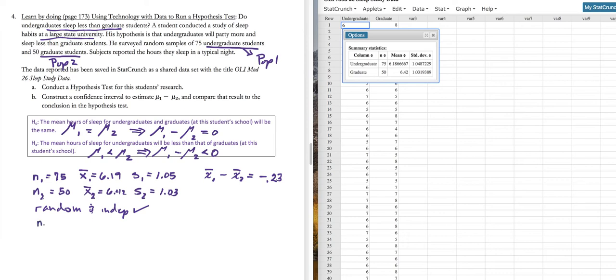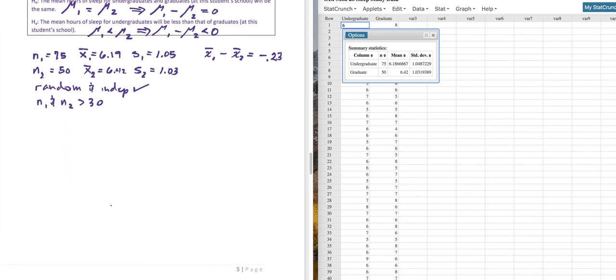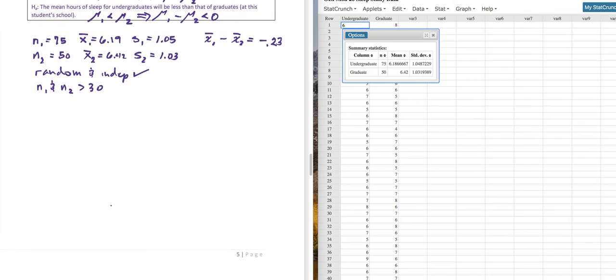And both of our sample sizes, n1 and n2, are greater than 30. So we are good to go with the requirements for our distribution of x1 bar minus x2 bar values to be normal.